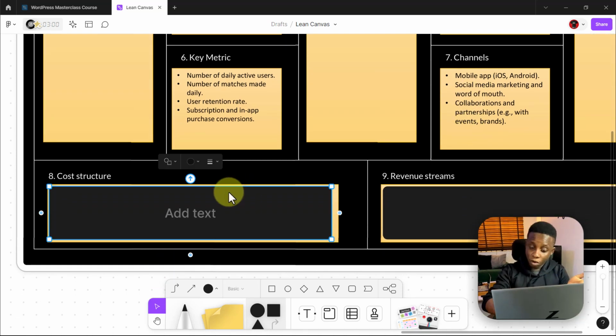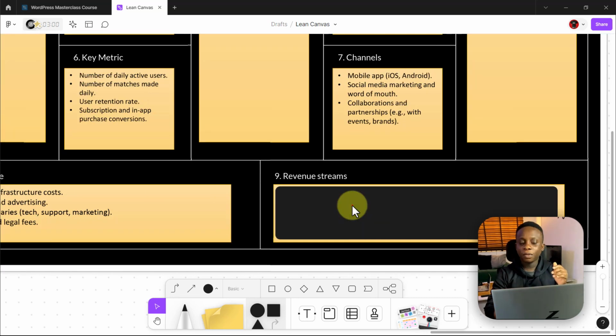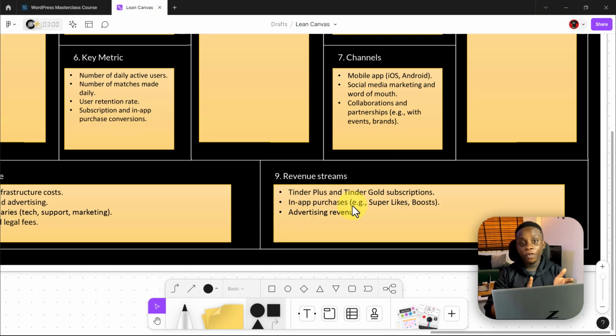Then eight, costs: server and infrastructure costs, marketing, employees, licensing, and other costs that we may not have known of. And what was their revenue stream? They made revenue from Tinder Plus, Tinder Gold, basically subscriptions, in-app purchases, and advertising revenue.